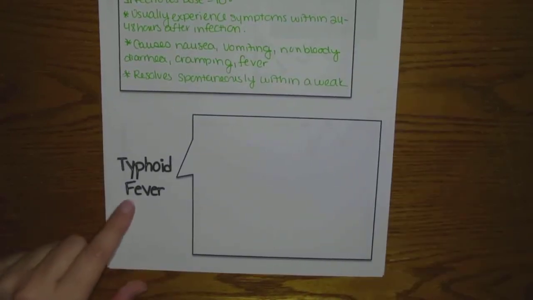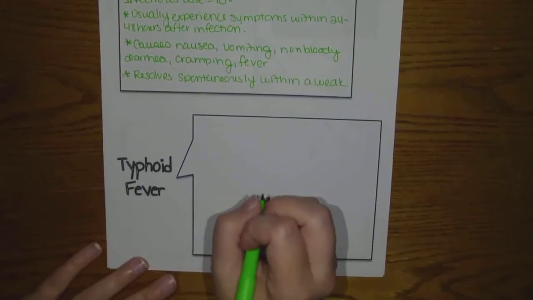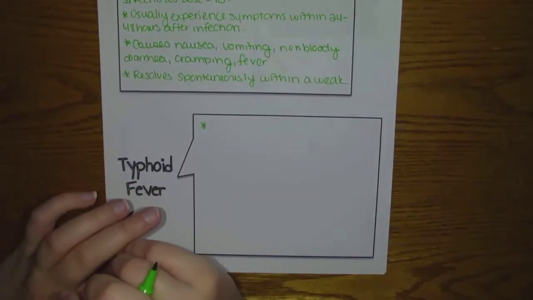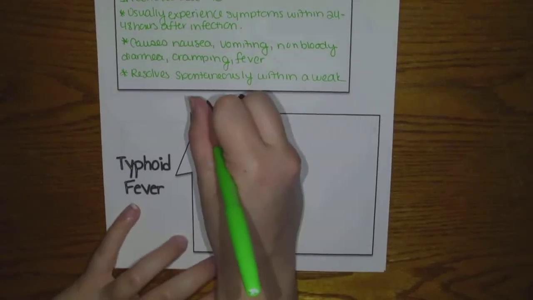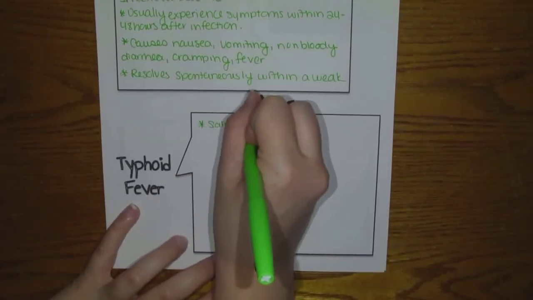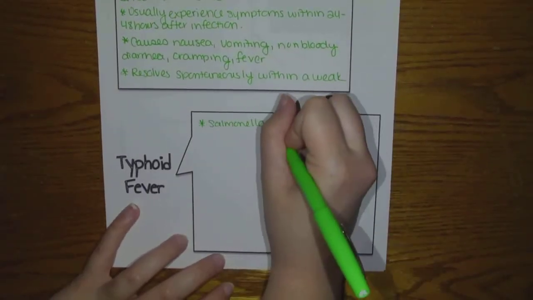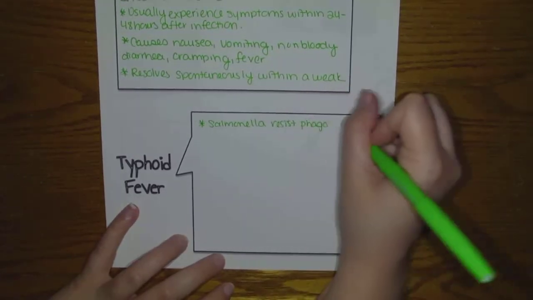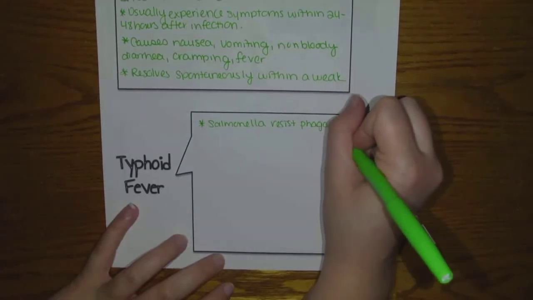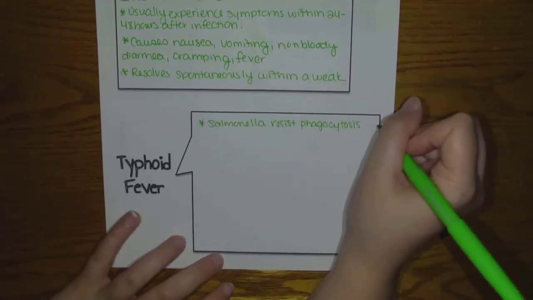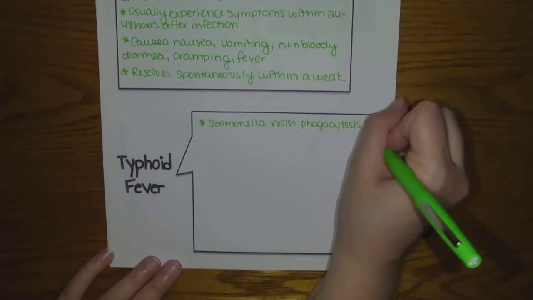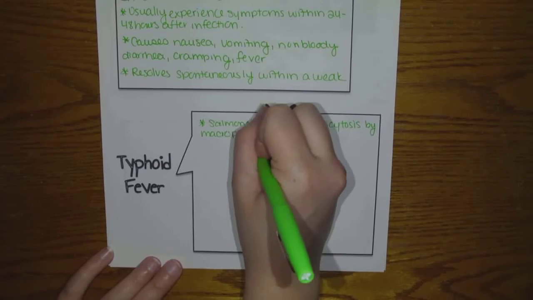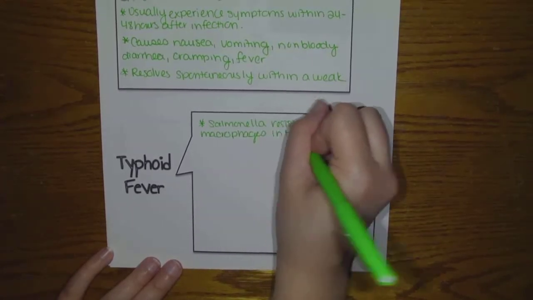On the other hand, the more severe portion would be typhoid fever. Okay, and in this case, what happens here is that the Salmonella will start to resist phagocytosis by macrophages in the lymph tissue.